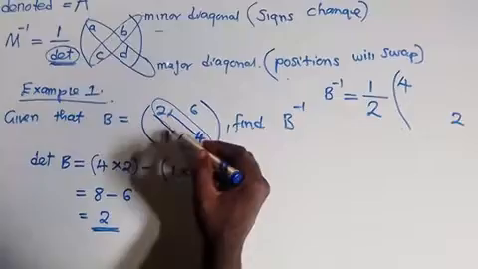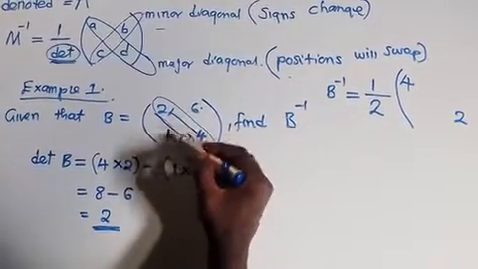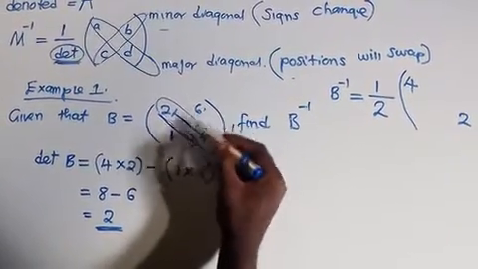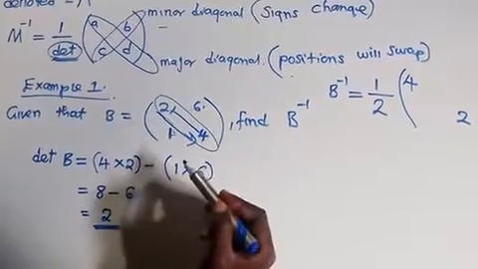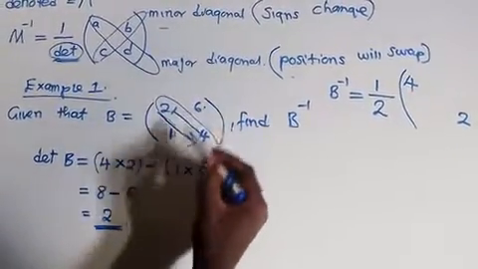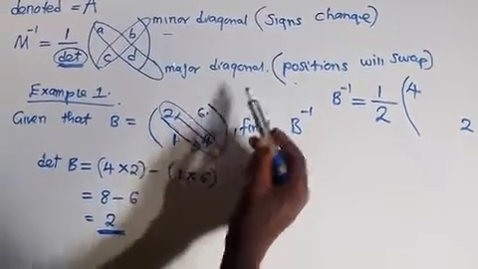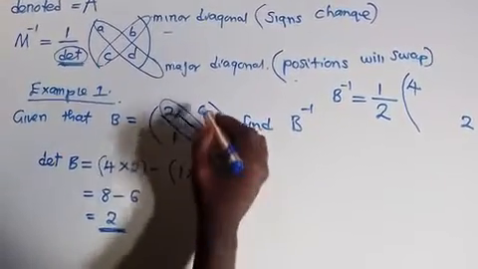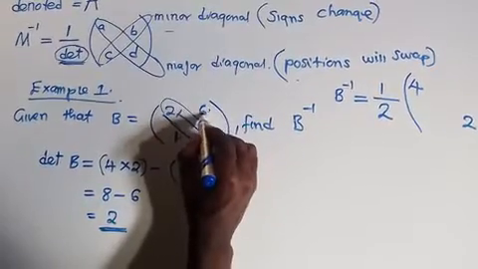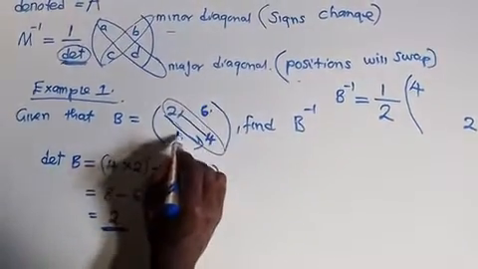Then in the minor diagonal, signs will change. So make sure you understand this. In the minor diagonal, signs will change.